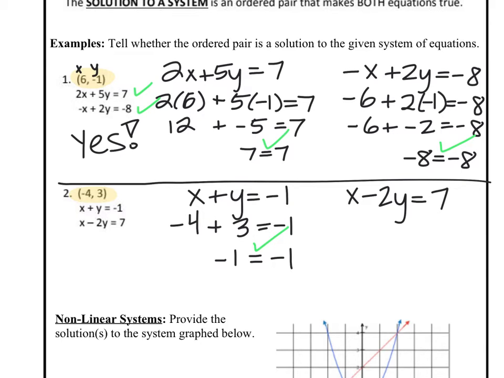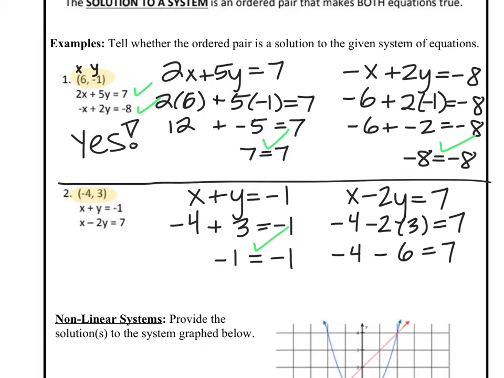I'm going to put -4 where x is. Caleb, what should I put instead of y? Yep. 3. So 2 times 3 is 6. So we're doing -4 minus 6.